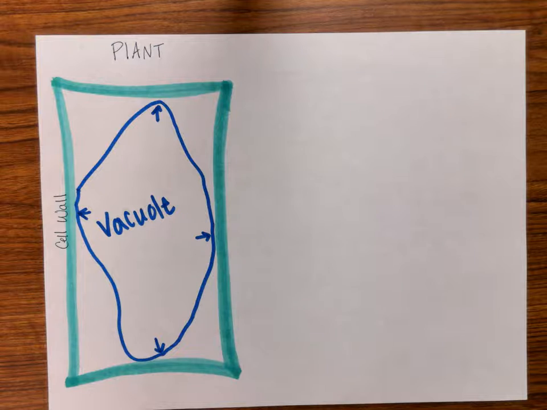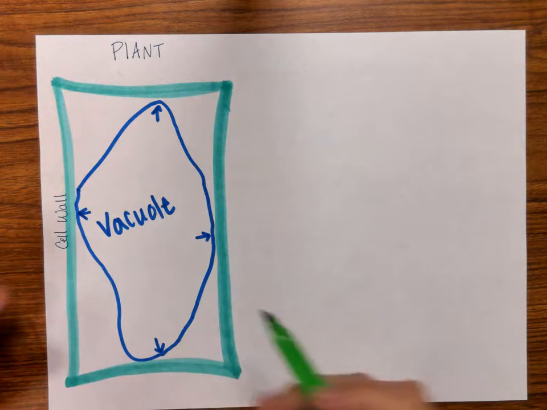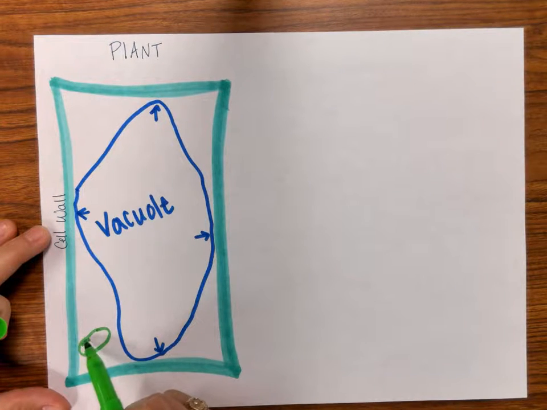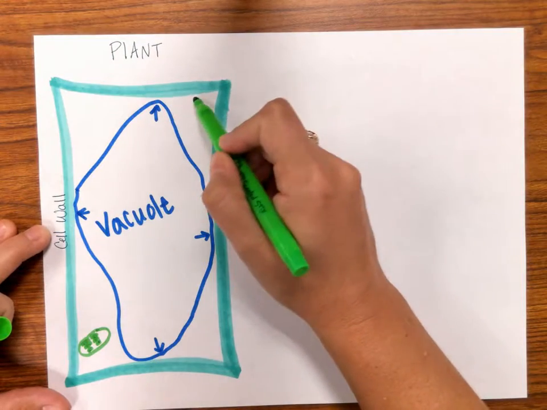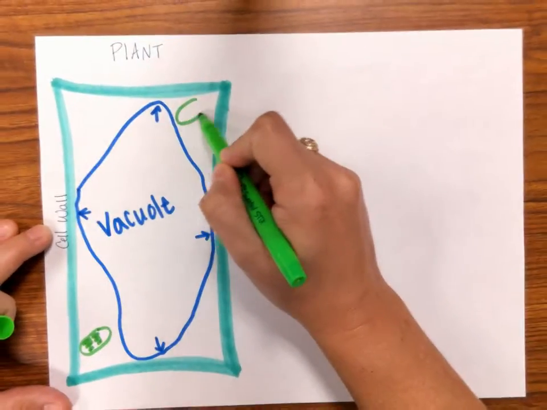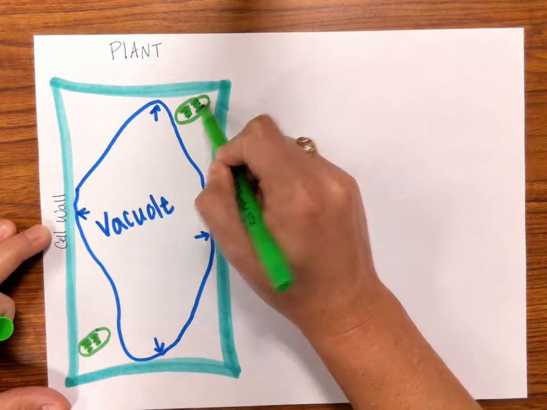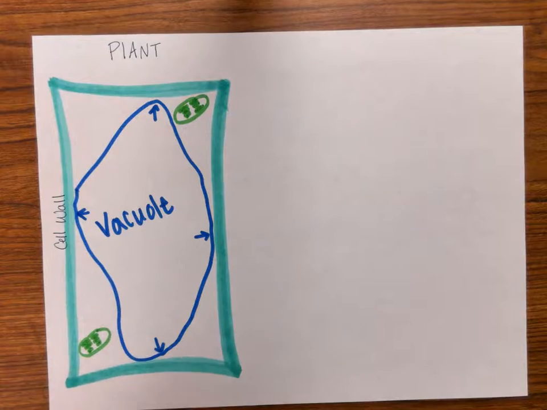Something else that plants have that's different than an animal is that they have something called a chloroplast. Chloroplasts look like ovals with little stacked pennies inside of them. The whole purpose of the chloroplast is to make sugar or food. So these little dudes do photosynthesis.